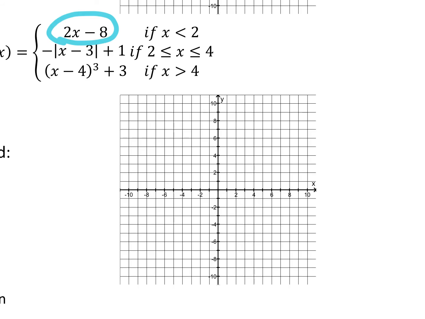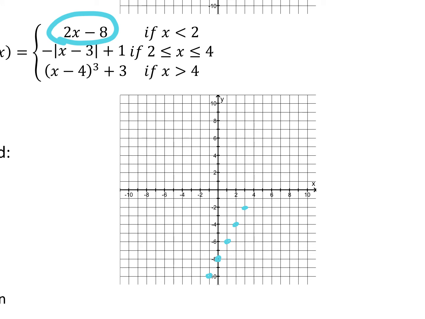When I am looking at this one, I start at -8, and I give myself a slope of 2. And I draw myself a couple dots before I ever look at my restrictions. This one has just x is less than 2. So if I want just x is less than 2, I want my line to start at 2 and go which way, left or right?